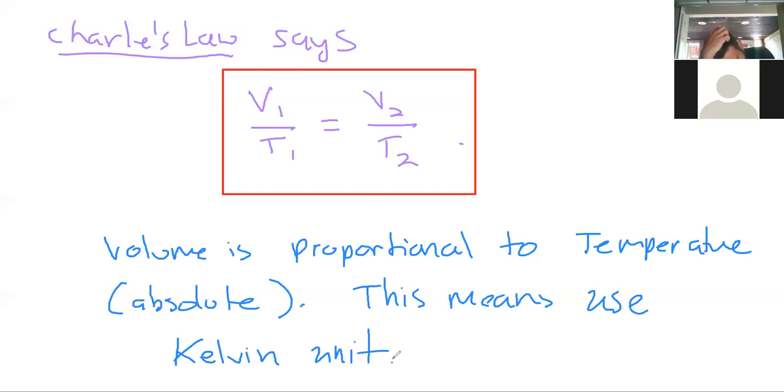Most of us are familiar with Fahrenheit because we live in the United States and we use it. The rest of the world uses Celsius. And then there's a third unit that is often used in science, and it's called Kelvin. And if you're not familiar with what that is, a degree Celsius is Kelvin minus 273.15.